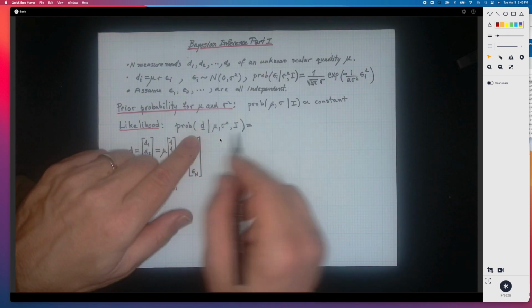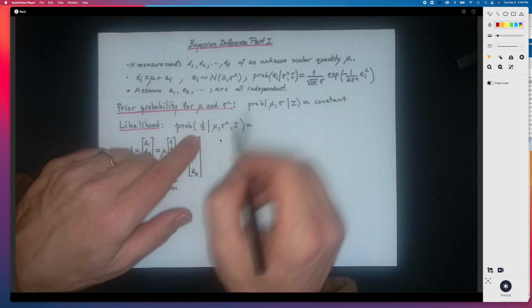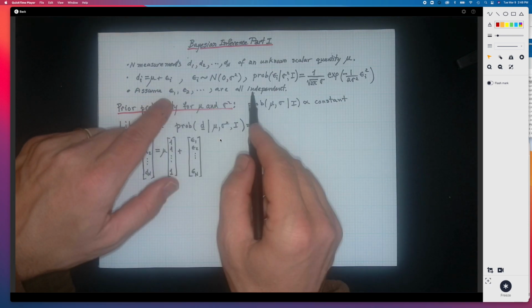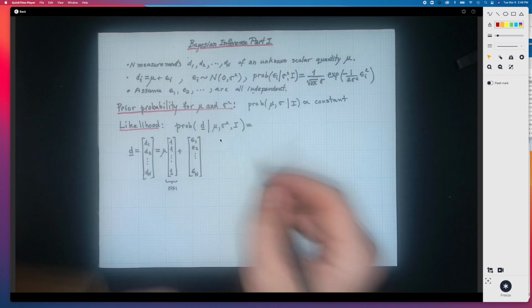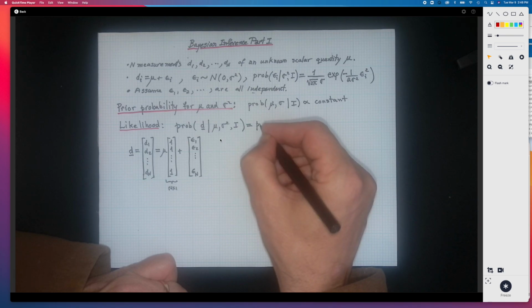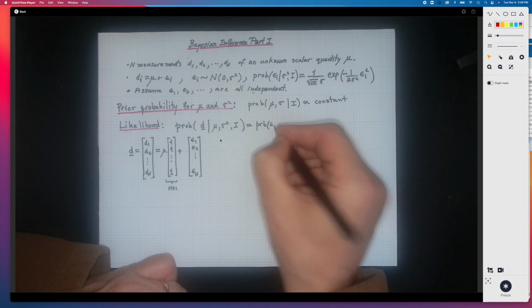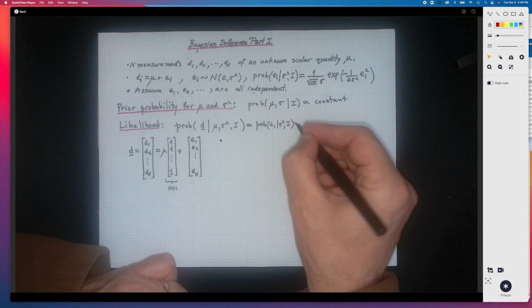And so this probability, since all the errors are assumed to be independent, we can just multiply these probabilities. So this is going to be equal to the probability of epsilon 1 times the probability of epsilon 2.